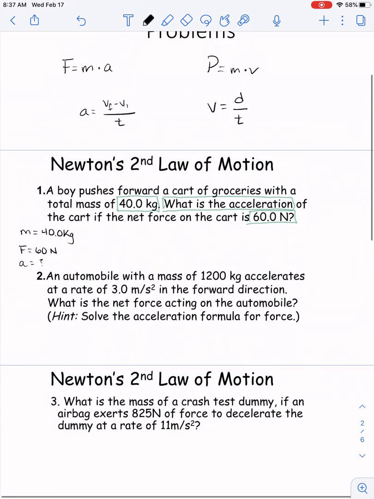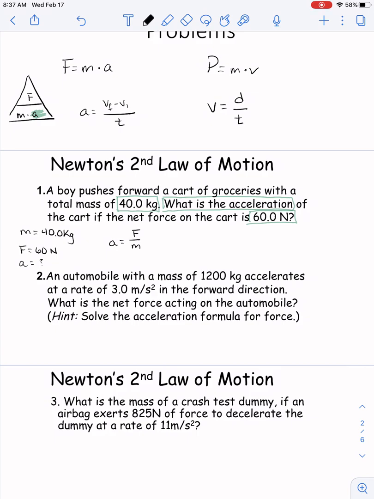Now, in our equation, F equals m times a, we could use the triangle to rearrange where m times a is on the bottom and F is on top. So if I wanted to solve for a, I'd cover up a with my thumb and it would leave me a equals F divided by m, or F over m, where a force is divided by a mass.